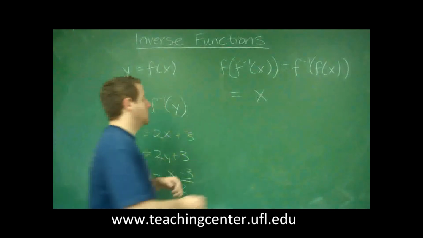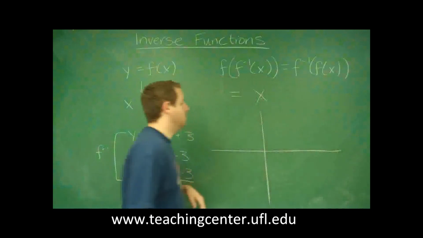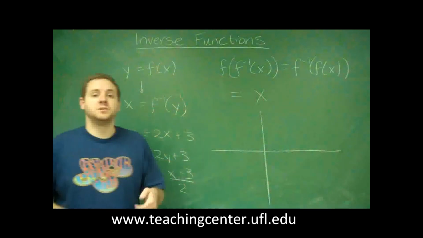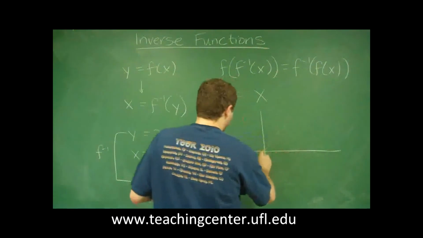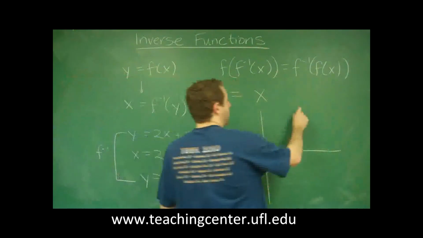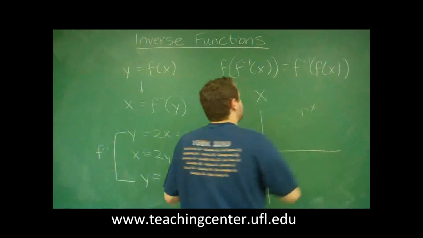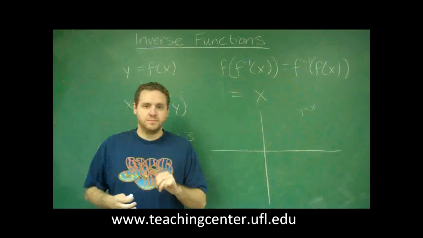And finally, you can test by a graphical approach. So an inverse function is one that is a reflection across the line y equals x. Remember, y equals x is your most basic line. It has a slope of 1 and goes right through the origin.